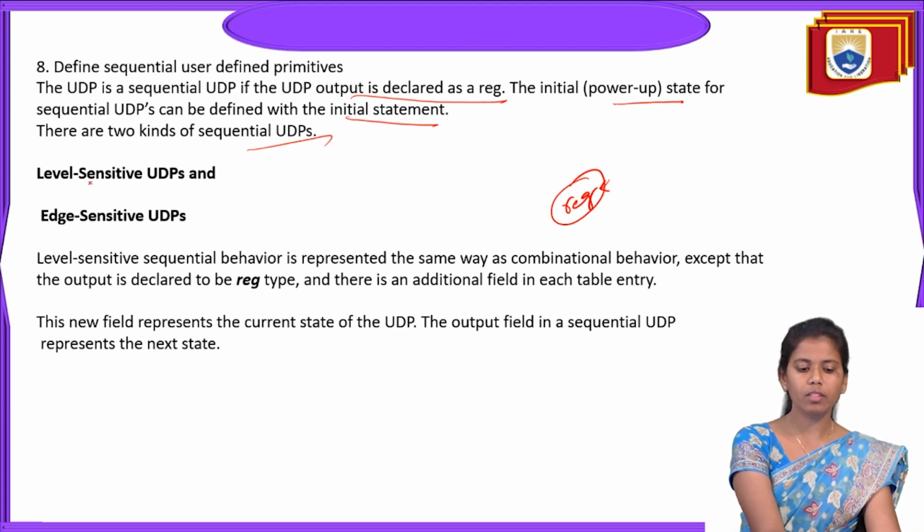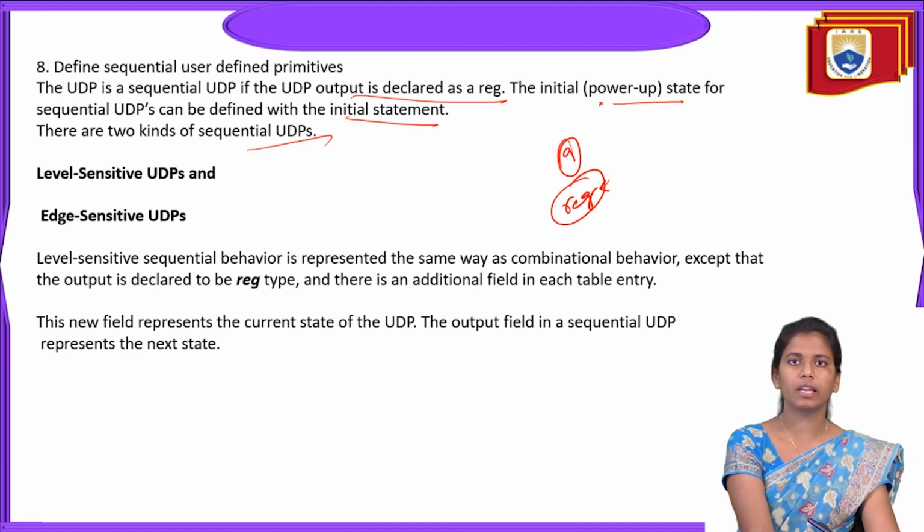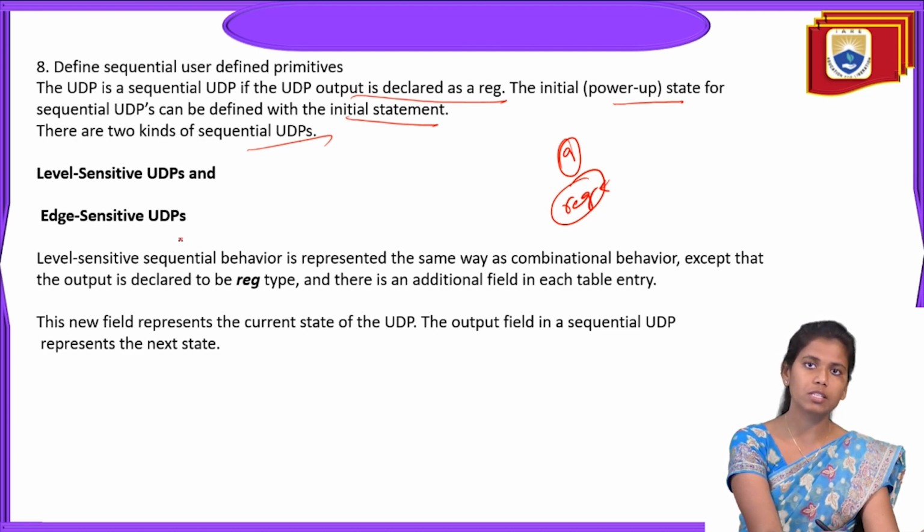In the sequential UDPs, the maximum number of inputs can be 9. The sequential UDPs are again categorized as level sensitive and edge sensitive. We all know what level and edge sensitive mean for flip-flops based on the clock signals, right?